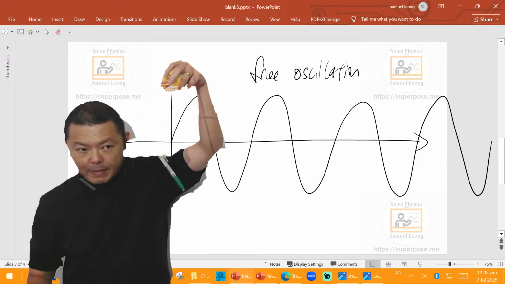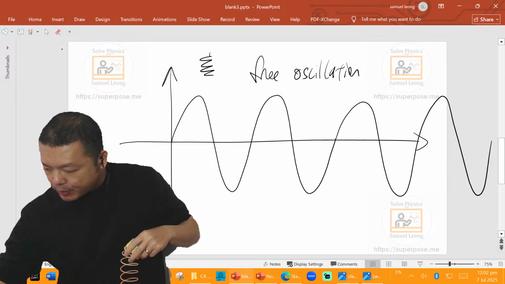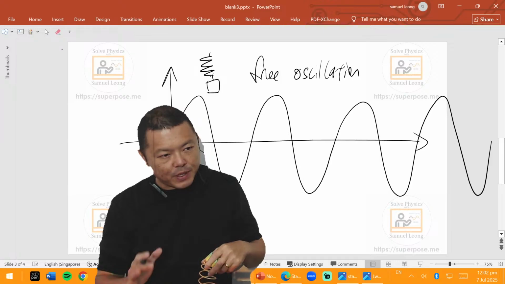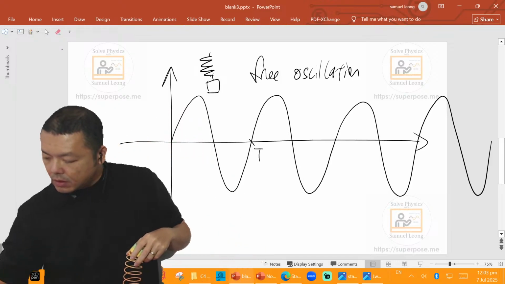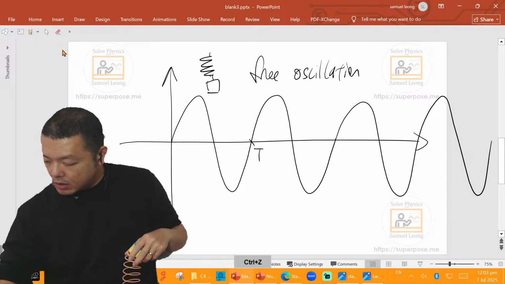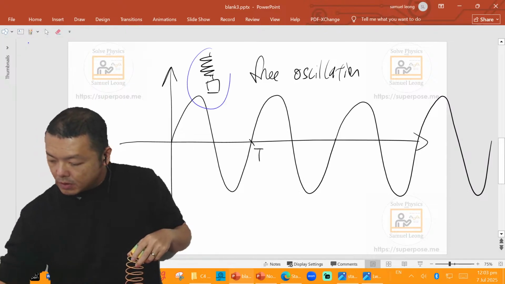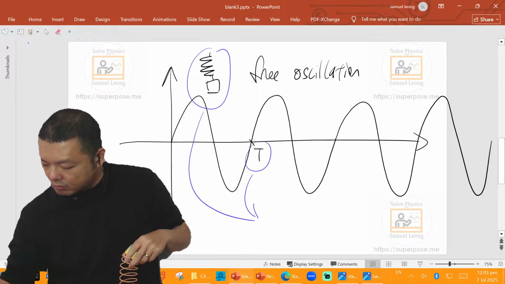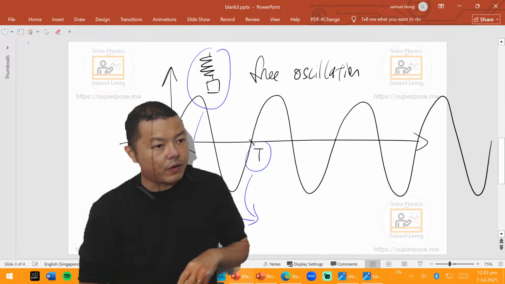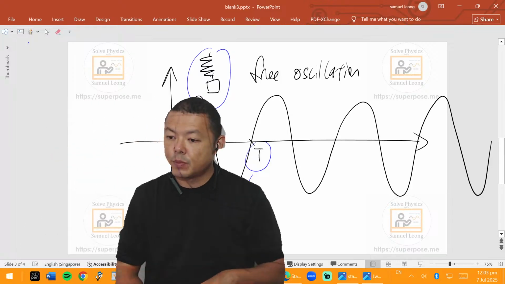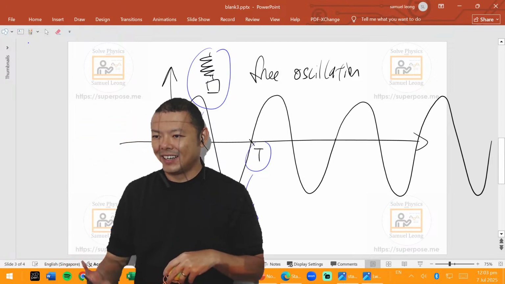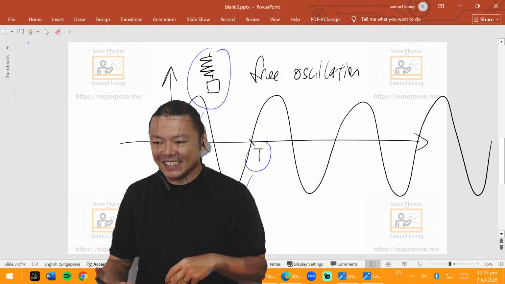Let's say it's a spring mass system. I'm going to ask you this: can you calculate its period? Is there a way for us to calculate the period of a spring mass system, apart from looking at the graph?